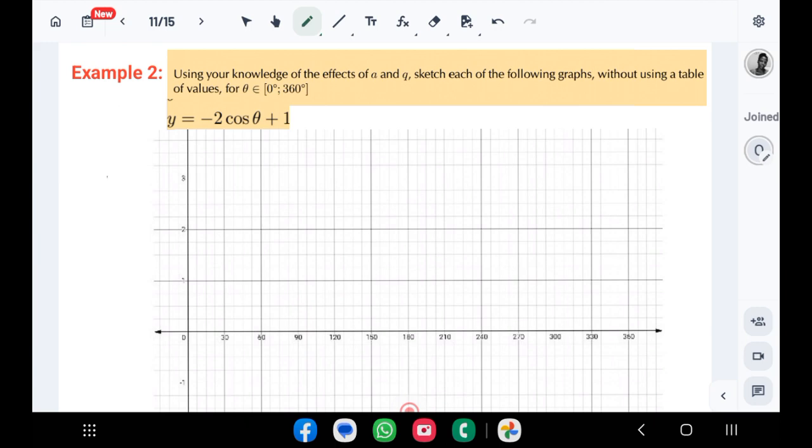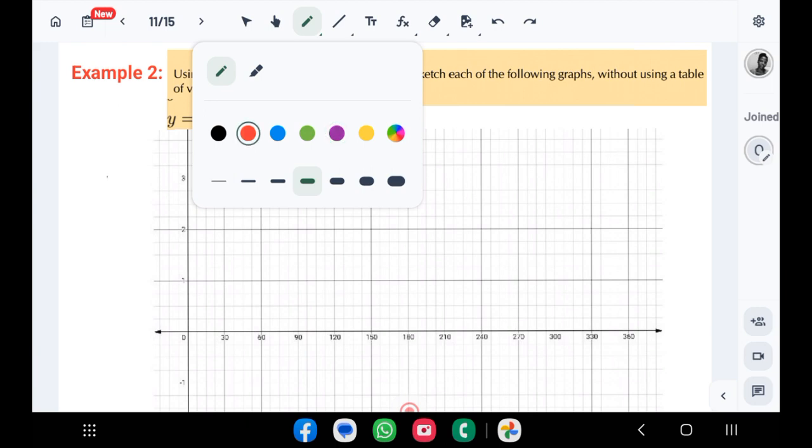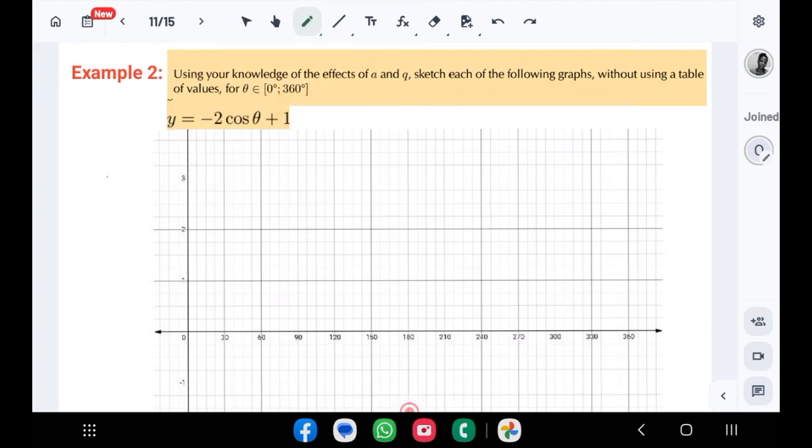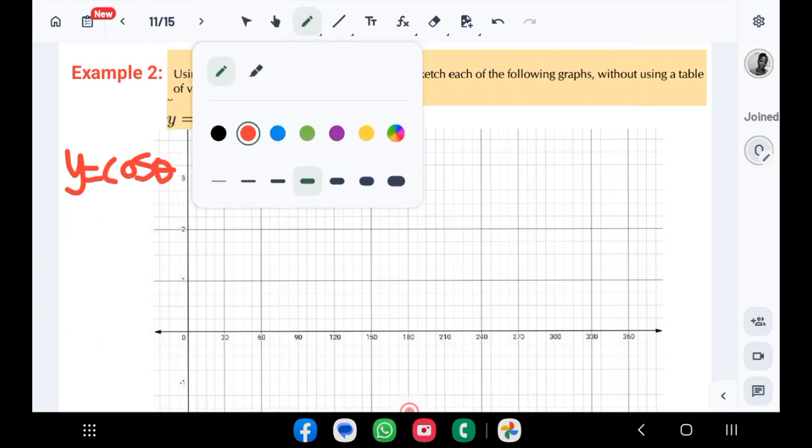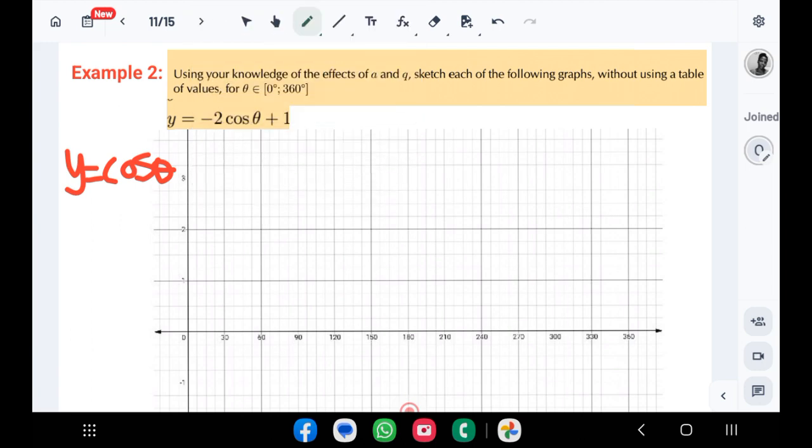Use that to reflect on the a equals -2 and the q equals 1. So the standard format of that, okay, let's take it back to red. We're going to plot y equals cos theta, the standard one, so it gives us some direction.